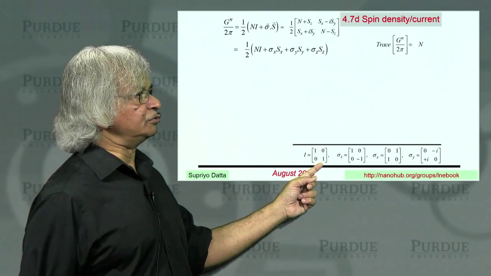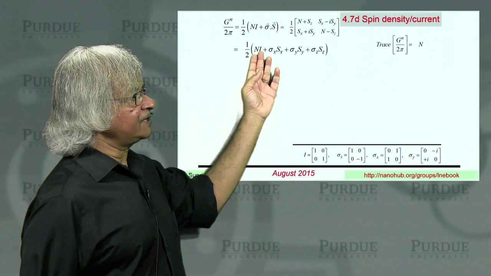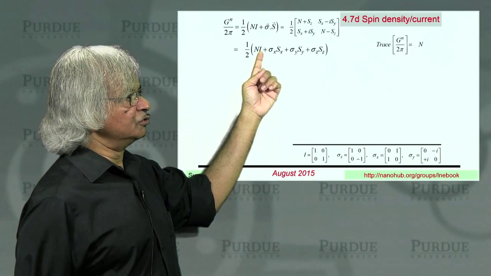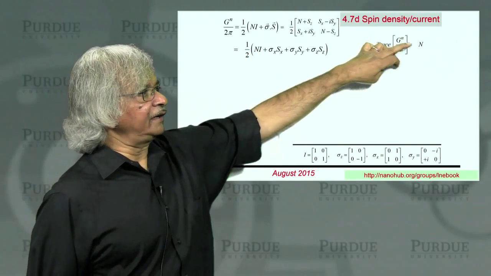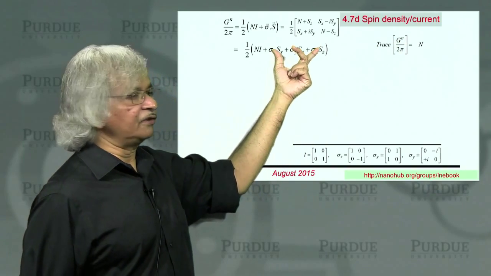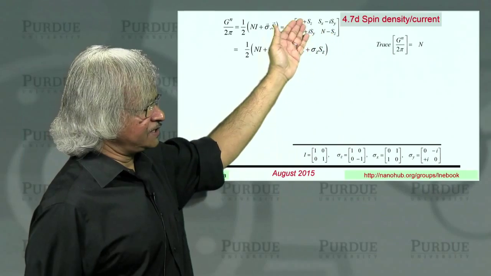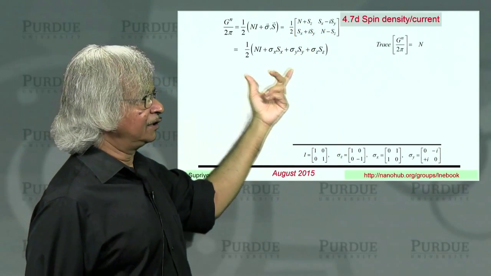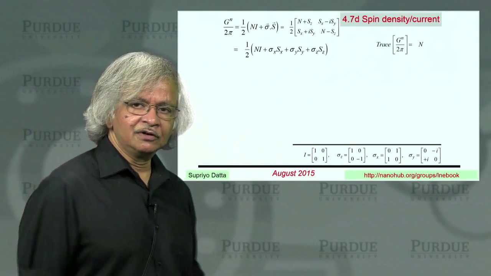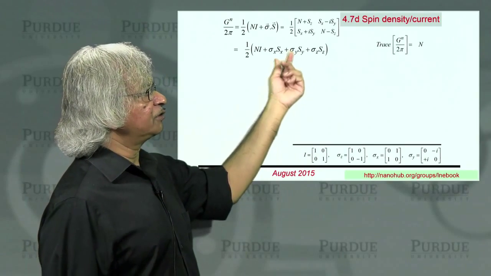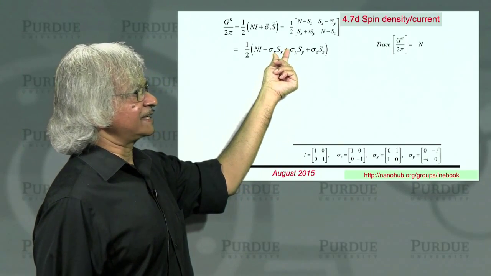There the trace is 2. So when I take the trace of this, trace of I gives me 2, which cancels the half, and I get n. And the rest don't give me anything. See? So in this case, as I said, you could have seen it from here right away, but this formal thing actually helps you also see how you could extract information about Sx, for example.